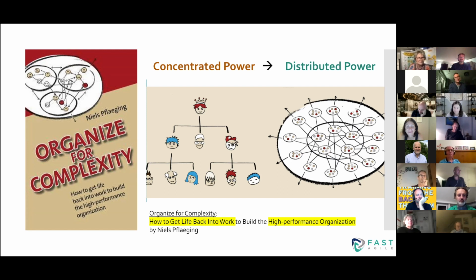You see those words come up over and over again: chaos, complexity. A couple of words I want to highlight in the subtitle are how to get life back into work. I think that's a side effect of working this way, we're touching on the human movement. This is actually making life better for the people working inside it. No one wants to work anymore in these orange organizations.